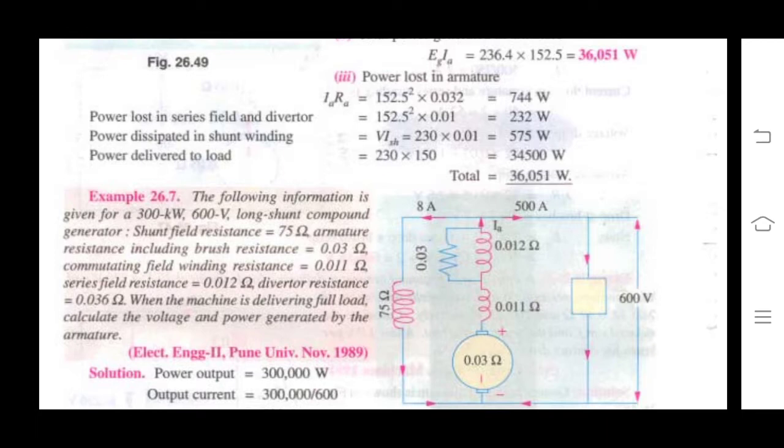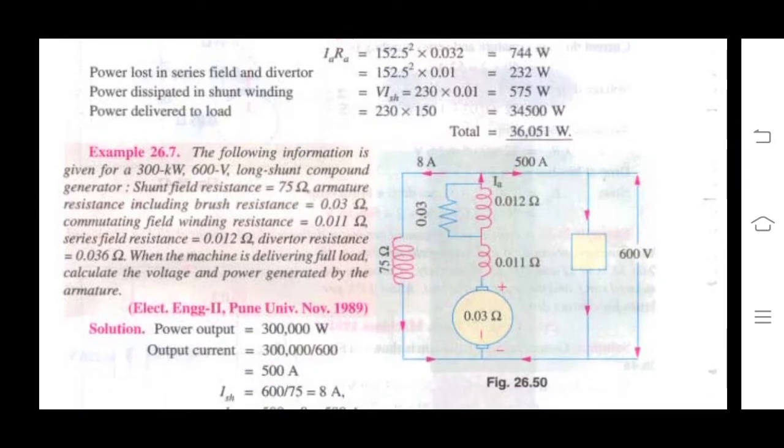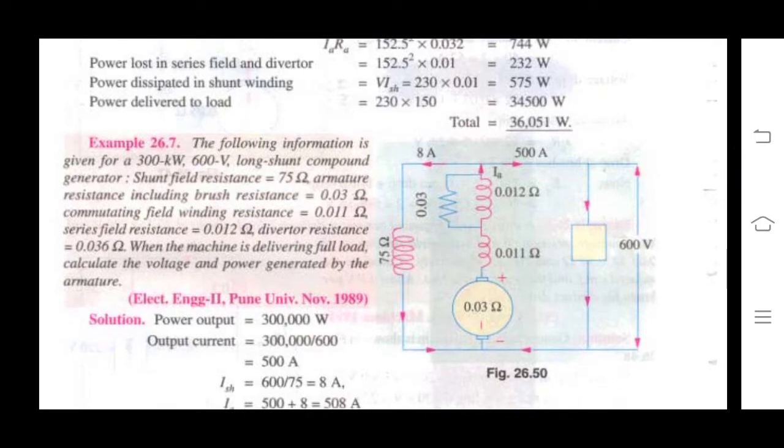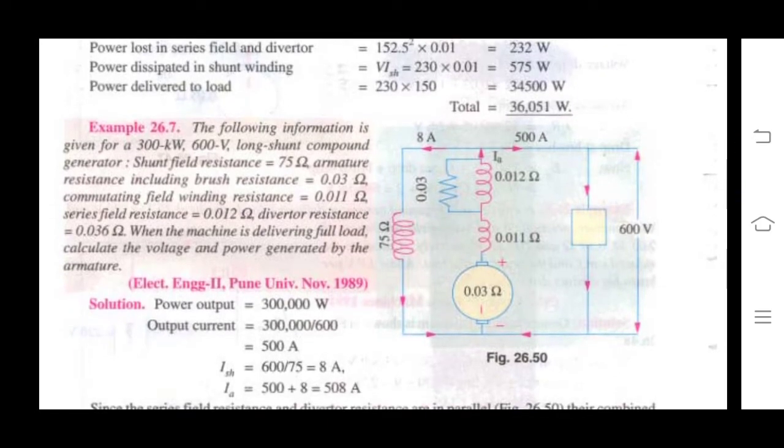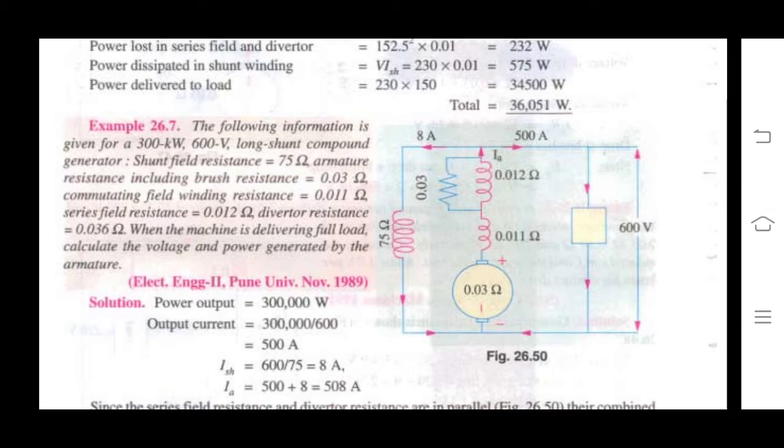The following information is given for a 300 kilowatt, 600 volt long shunt compound generator. Shunt field resistance is 75 ohm. Armature resistance including brush resistance is 0.03.